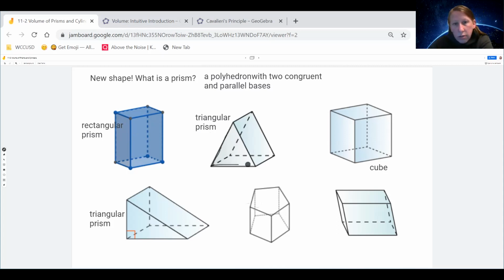This triangle is a base, and the other base is the same size and shape triangle in the back. So those are your two bases. The bases of the prism are parallel and congruent.